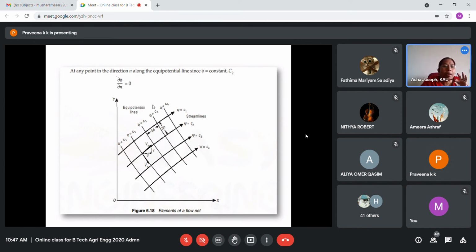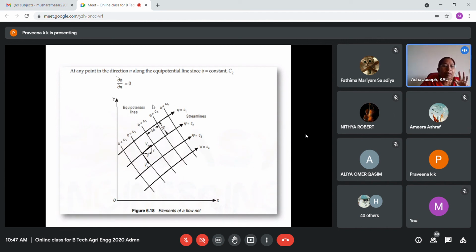Orthogonal to them, you will have the equipotential lines. That means where you have equal potential or equal head of flow, we call them equipotential lines, from the definition. So phi is equal to C1, phi is equal to C2. Anywhere along this line phi has the value C2, and anywhere along this line phi has the value C1. So these are the equipotential lines. When these two are drawn together, you get the flow net.